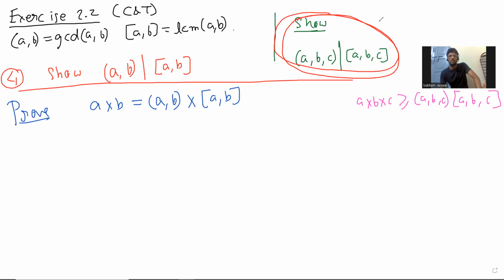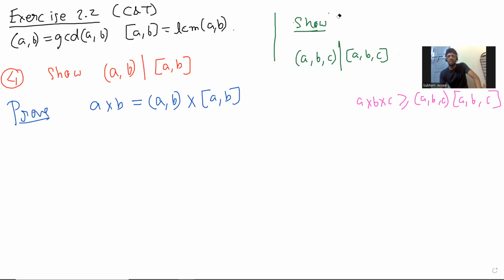So let's say the GCD, I'm going to denote this for a moment by D. What is the meaning of D? D is something that divides A, D is something that divides B, and D is something that divides C. That's the meaning of D, right? The largest such D is the GCD. And now if this is L, then what similar thing can you say about L?